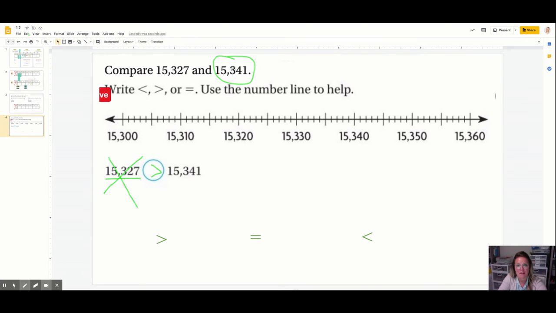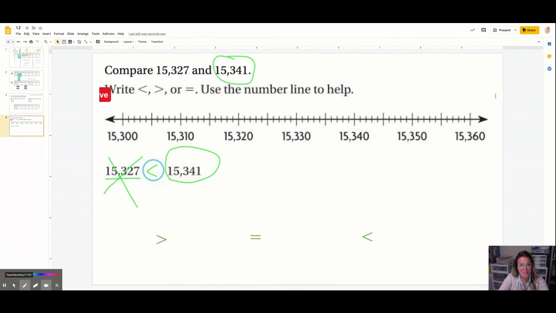We decided that the bigger one, or the digits that had more value, was the second number. So we would need to make sure that we're being very careful, and we are switching this so it's showing that 15,327 is less than 15,341, as this is the biggest number.